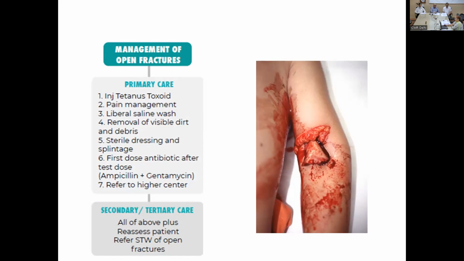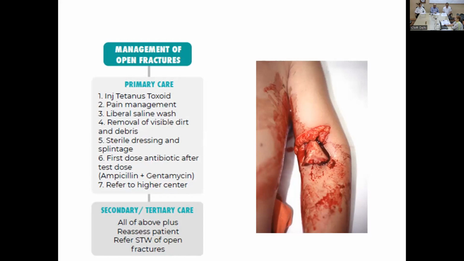The patient should be given an injection of tetanus toxoid. He must be given good analgesia so that he remains pain-free. For the protruding wound, a liberal saline wash must be done. All the debris and visible dirt must be removed, and then a saline dressing should be put and a splint should be applied.